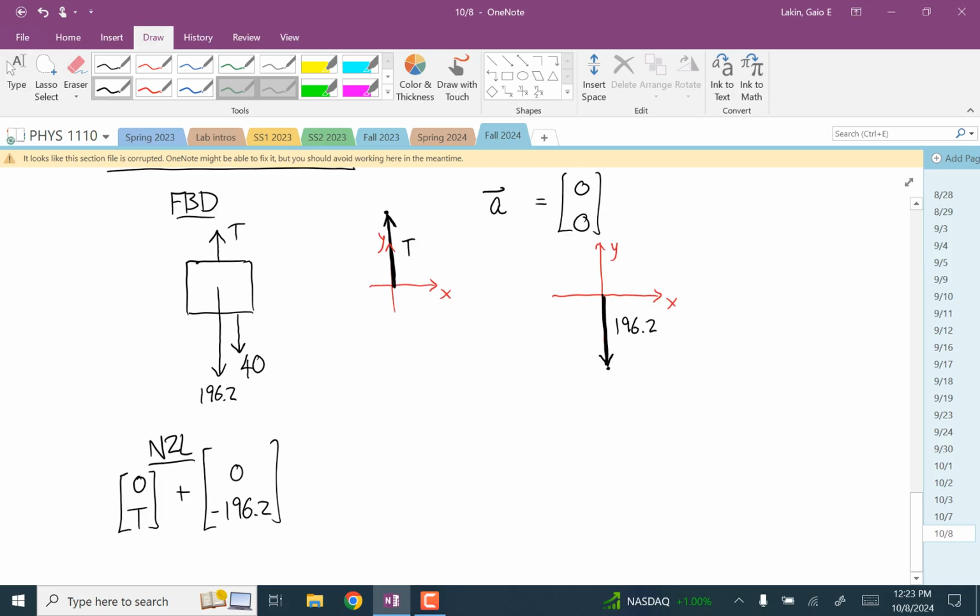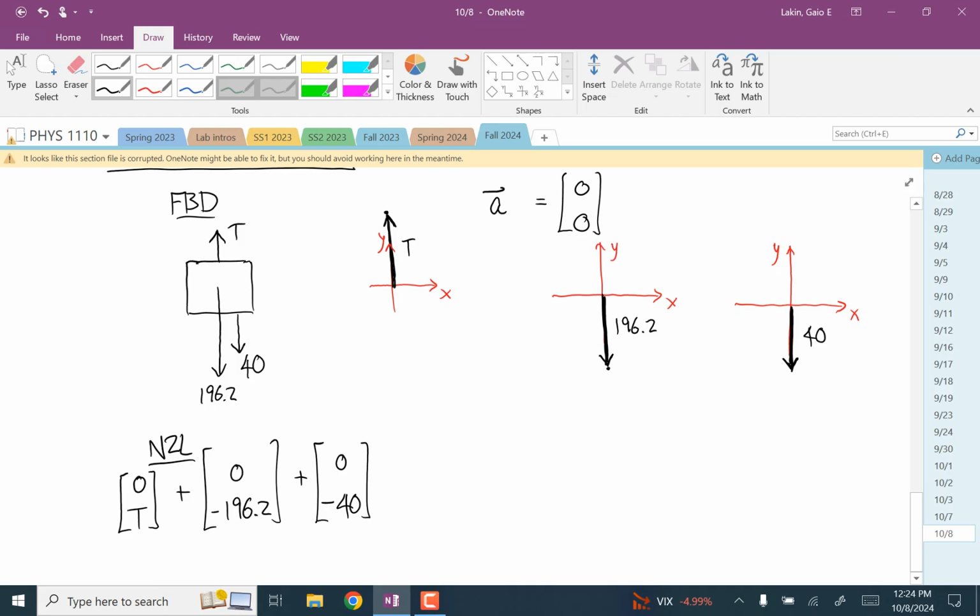And then the last one is this 40. So this vector has a length of 40 in the negative y direction. So what's that force vector? What are the components? 0, negative 40.